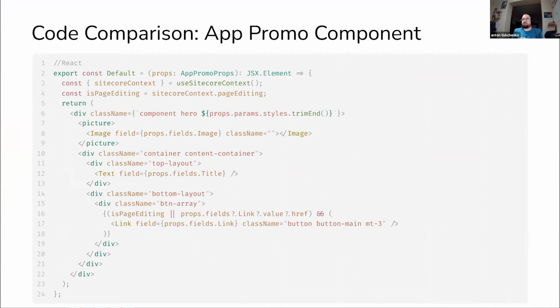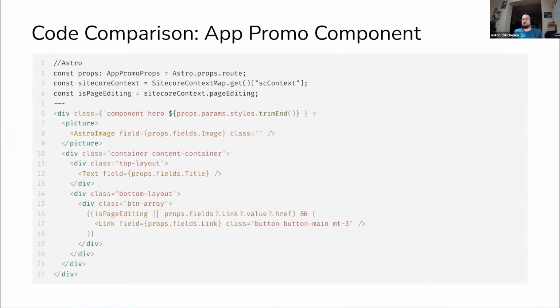an example of component migration. So here you can see a usual React component. There is nothing special here. It has three Sitecore fields: image, text, and link. And here is how it looks with Astro.